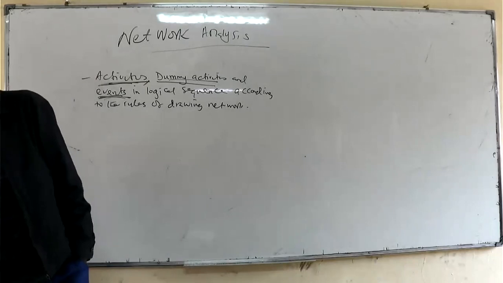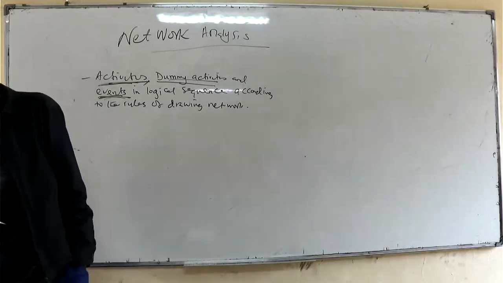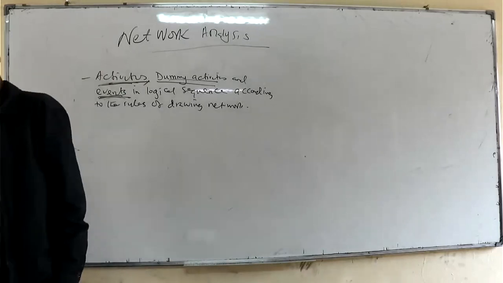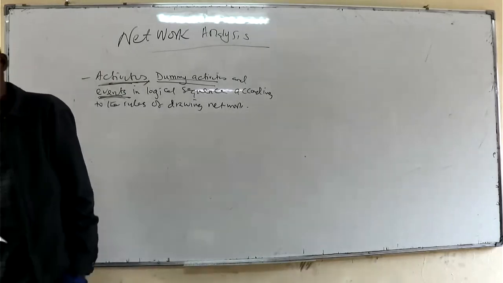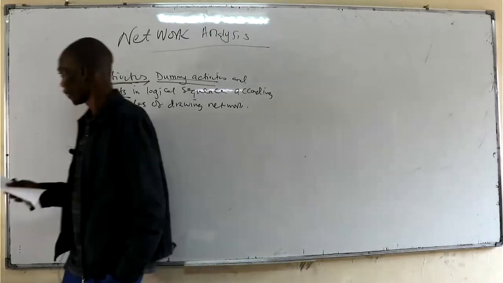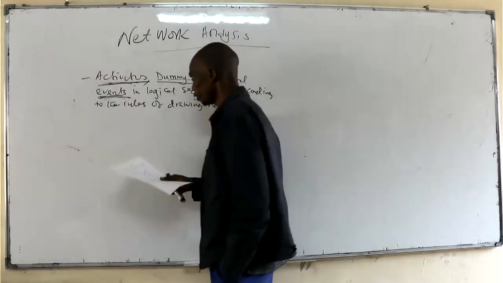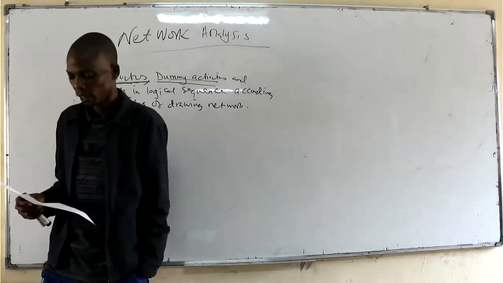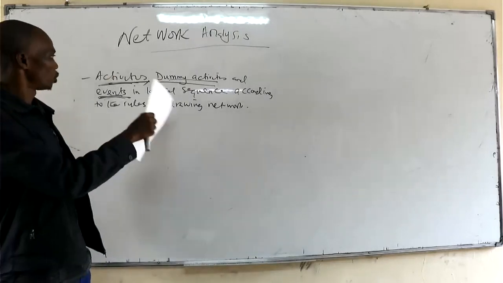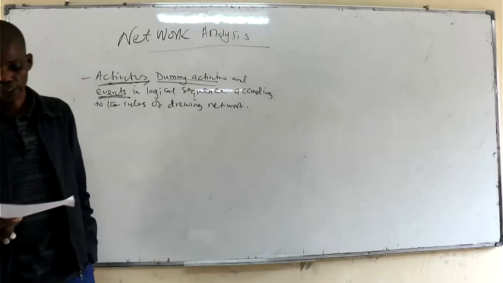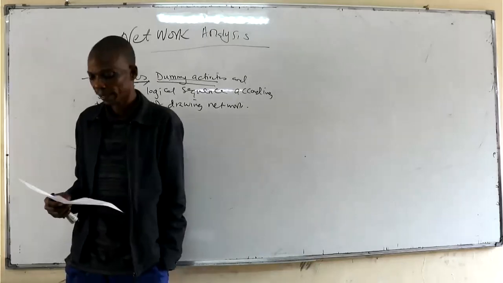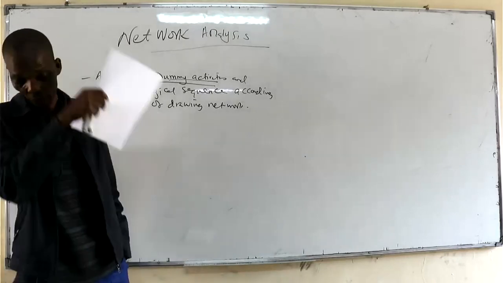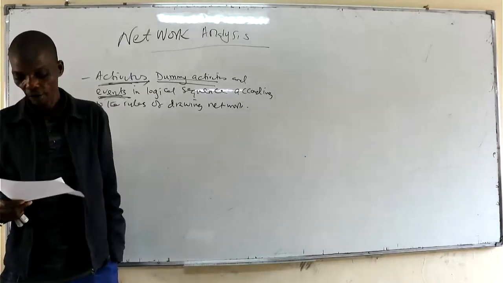After that has ended, you can proceed to construct the walls, and after the walls have ended, you can proceed to do the roofing. That is the logical sequence we are talking about here, and that is what has been captured in the definition: a combination of activities, dummy activities, and events in logical sequence according to the rules of drawing networks. It means that as we are drawing the network, we must not violate the rules of drawing a network.